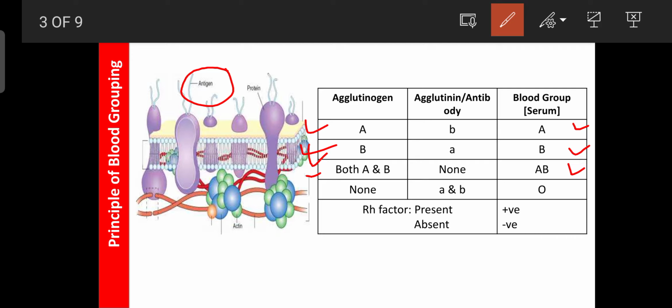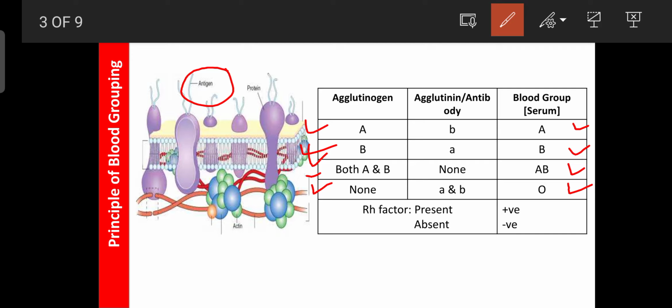If both antigen A and antigen B are absent, that blood group is O.